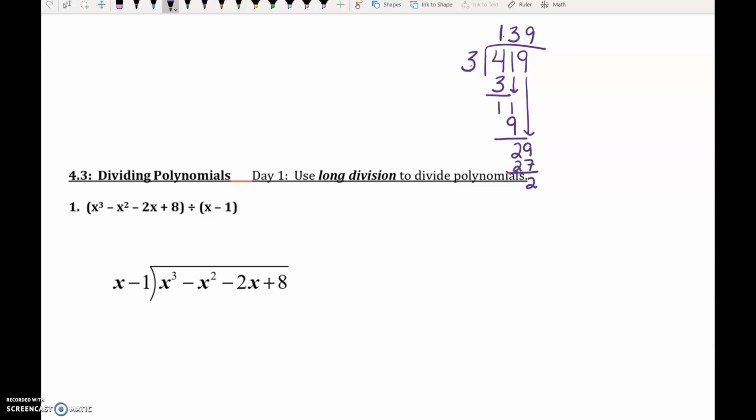This is the remainder. The remainder actually goes above what you originally divided by. So if I do this in the calculator, 419 divided by 3, I get the answer 139.6 repeated. 139 and 2/3.